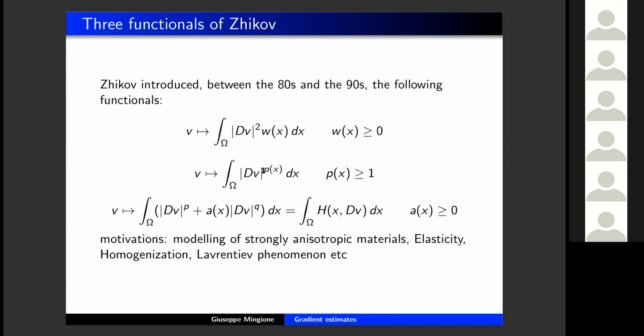Second case, assume that p has two different values. So on certain points it values 2, in other points it values 3. Then the rate of ellipticity is changing according to the point. So you move the point and the rate of growth and the rate of ellipticity completely changes.